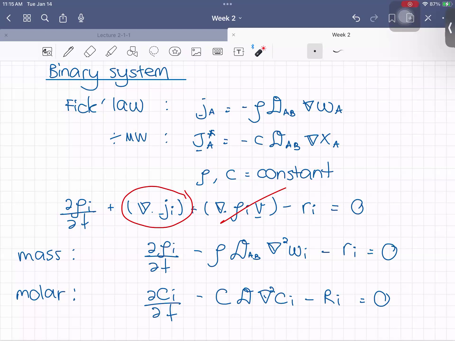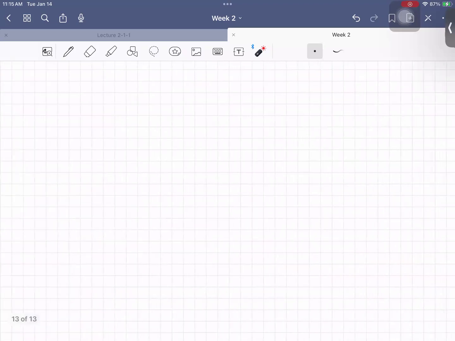Right. So in general, for solving the mass conservation equation, there are three cases that we normally see in problems. I'm going to show you three different cases. These are all in binary systems.